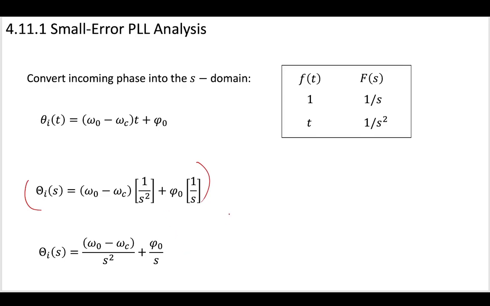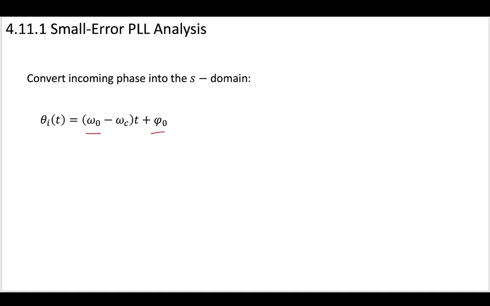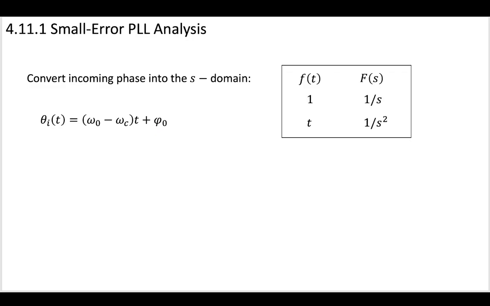Okay, so hopefully this is starting to make sense, because one of the places we left off in the previous video was here. We had not figured out what this would look like in the S domain. We were kind of left hanging. Then we took a short break to look in the time domain to figure out what our input phase should be when it varies from the VCO.